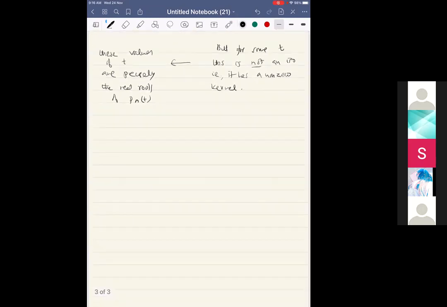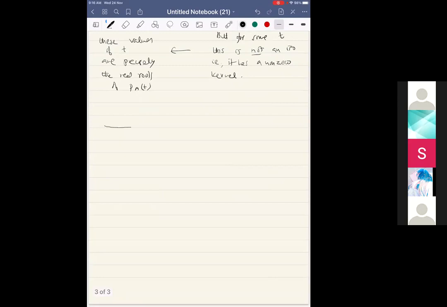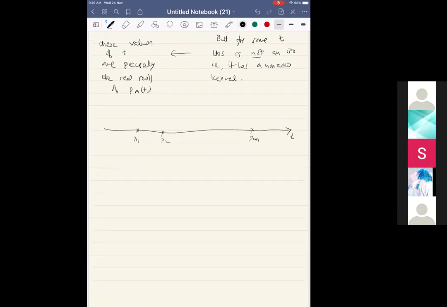In other words, this is the t line. There is lambda 1, lambda 2, up to lambda m, with m less than or equal to n. And if t is here, tI_V minus Â has no kernel, is an isomorphism.